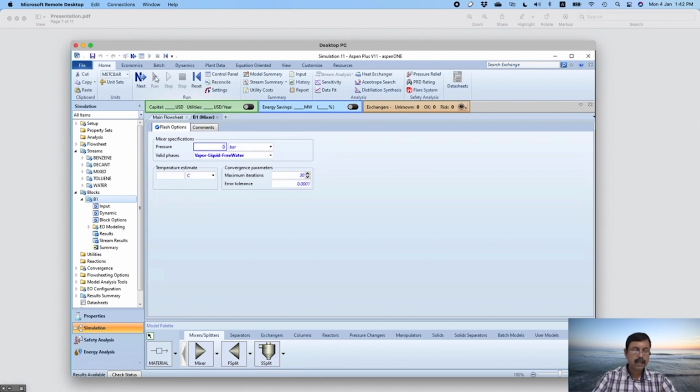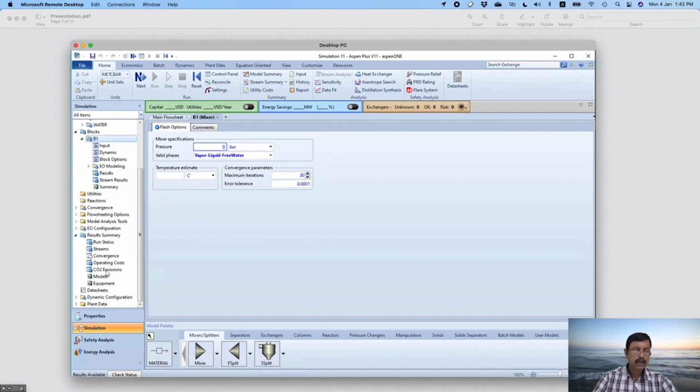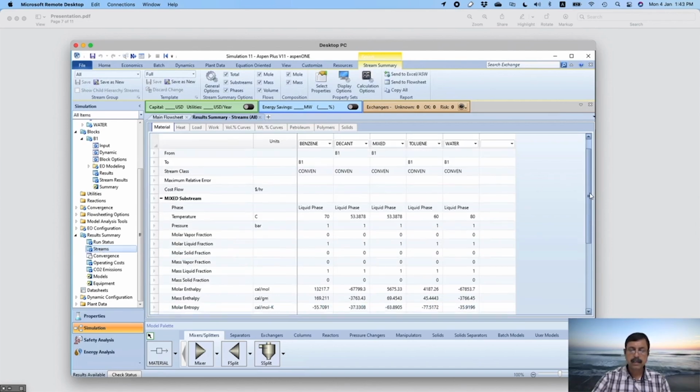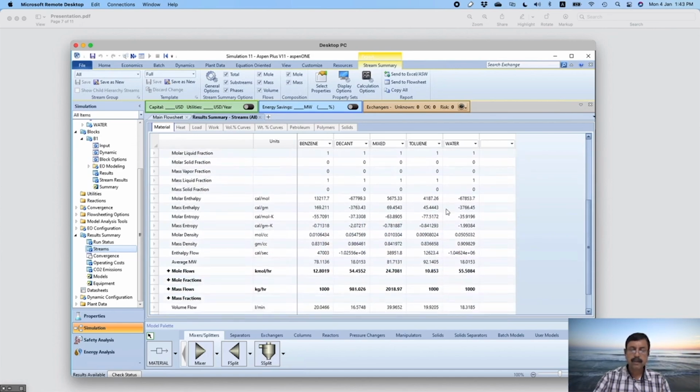So we have got the result. Let us go to the result summary, Streams. Here you can see the components. These are the 2 streams that we are interested in, decant and mixed.